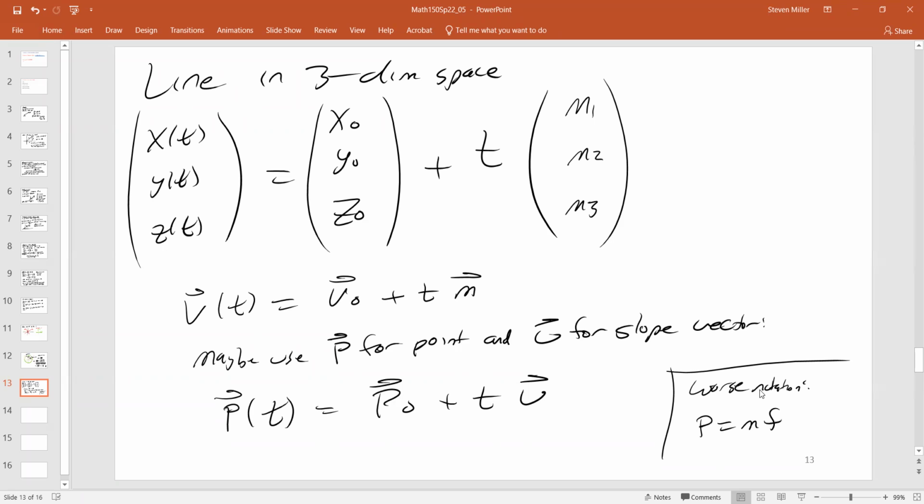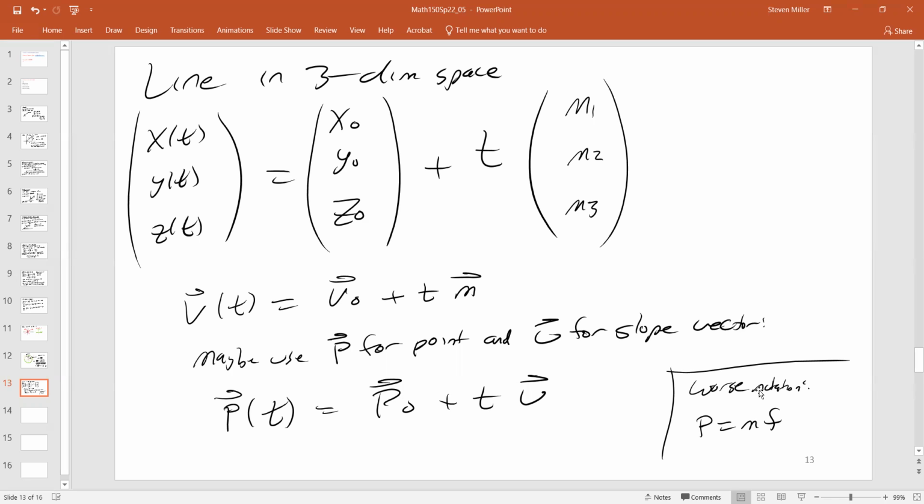The worst notation I've ever seen in my life, I saw this in a physics textbook, P equals M. Anybody know what equation this is? When either Stephen Hawking or one of the people like that was writing a popular book on physics, they were told for every equation you lose half your audience. And there were two equations that they said, I don't care if I lose 3 out of 4 people, I have to put these two equations.